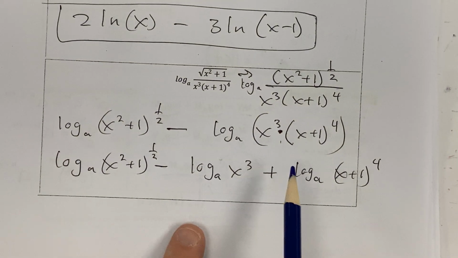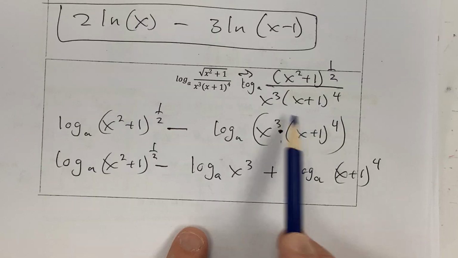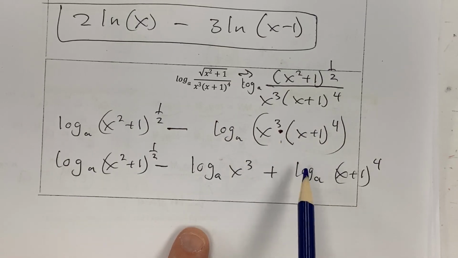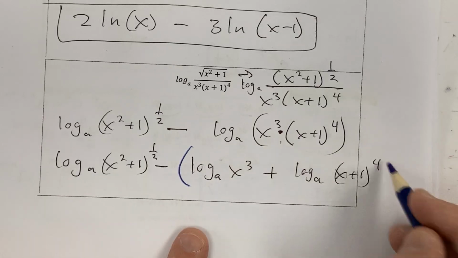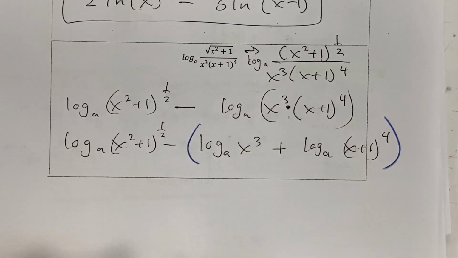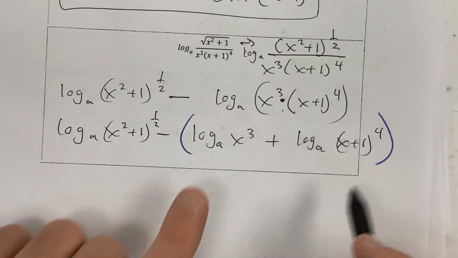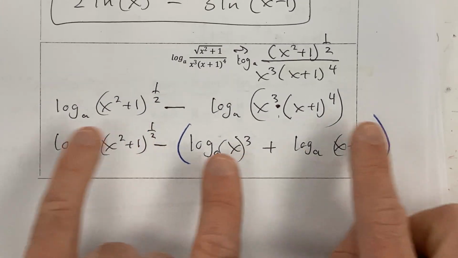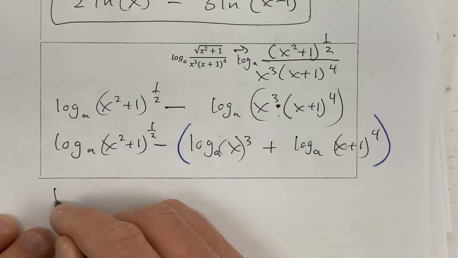And if you're very sharp, if you turn a monomial, a single term, into two terms, you better pop in some parentheses. Otherwise, that negative would not distribute properly. So I'm going to put parentheses in there. But now we can see all three of these powers can be brought down in front.